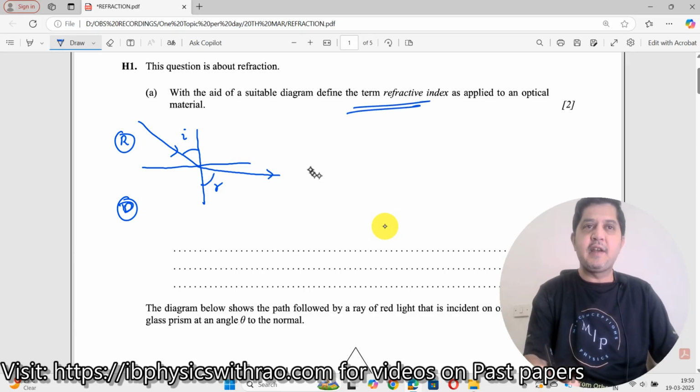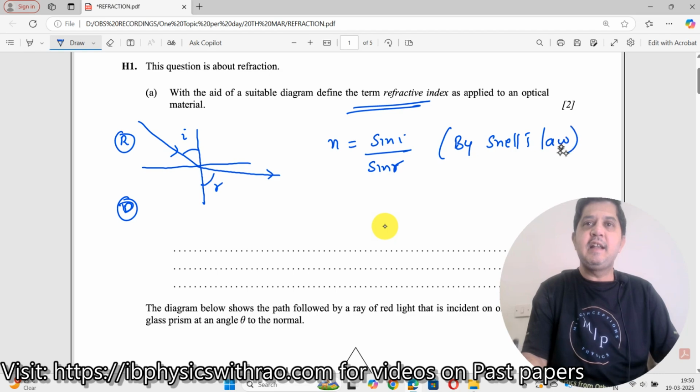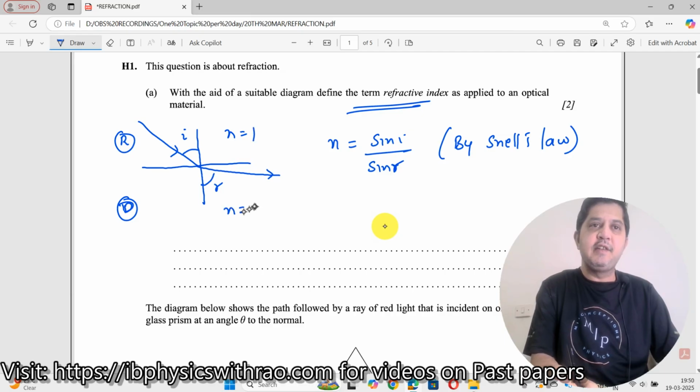So how do you define refractive index? You should write refractive index n is equal to sin i divided by sin r. If you are using this definition, you write "by Snell's law", and then you put this one to be n equal to 1 and this one n equal to n.